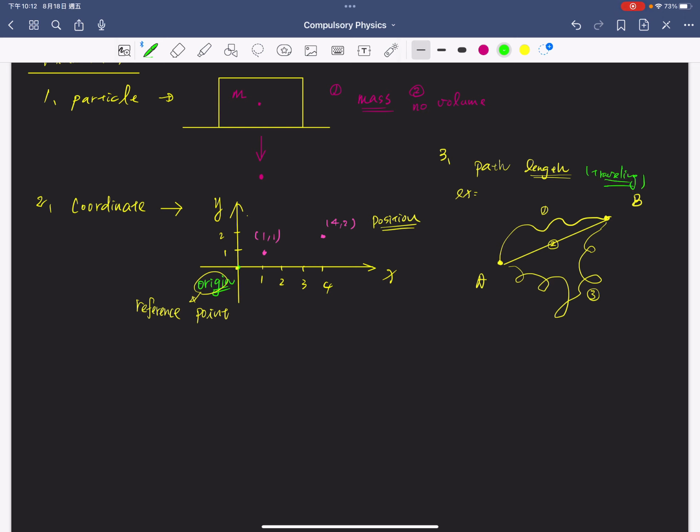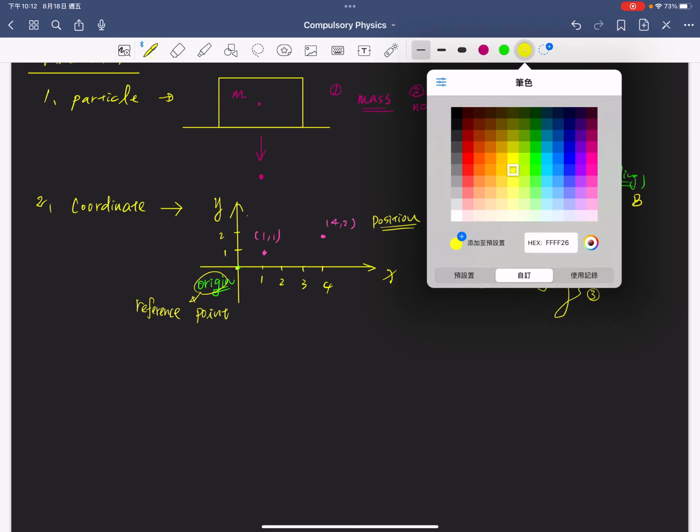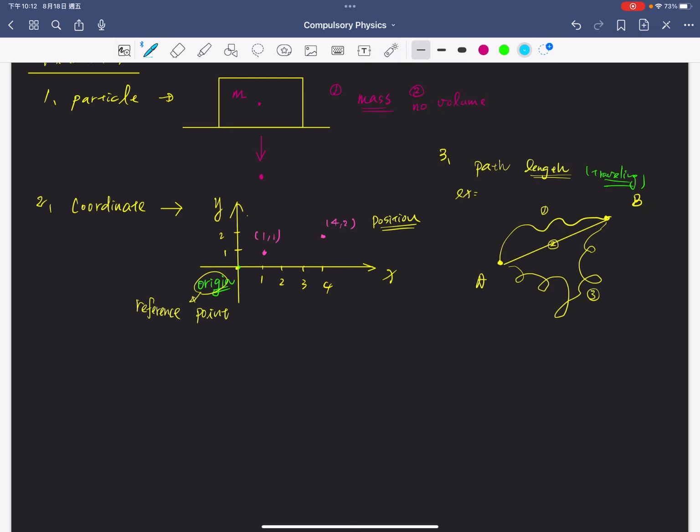One important thing is that path length is a scalar, a scalar physical quantity. So what's the meaning of a scalar quantity? It means you don't have to care about the direction.